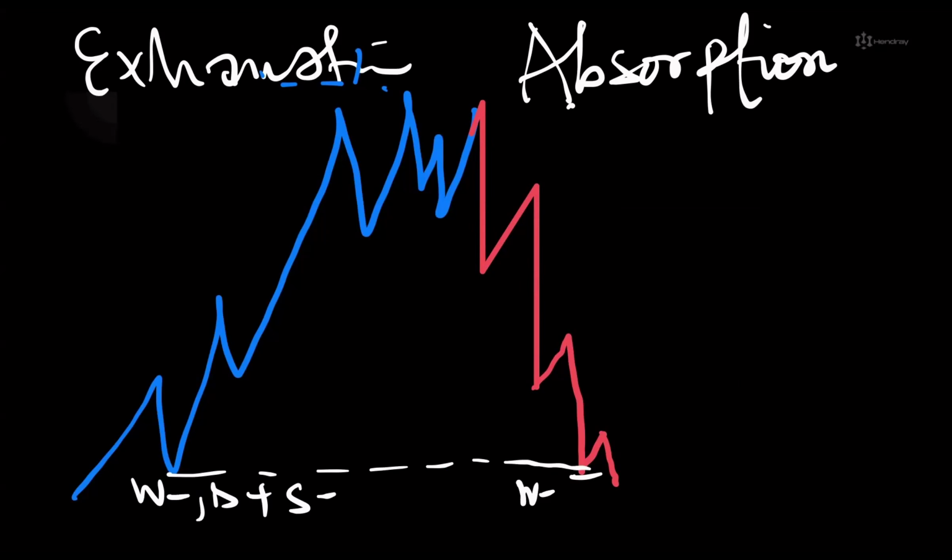That is what raised that low: W minus, D minus, S minus. That is the aggressor. So basically, let's say here, maybe this is the opening of a new week. Here we now have W plus. Let's say we have D plus, S minus.